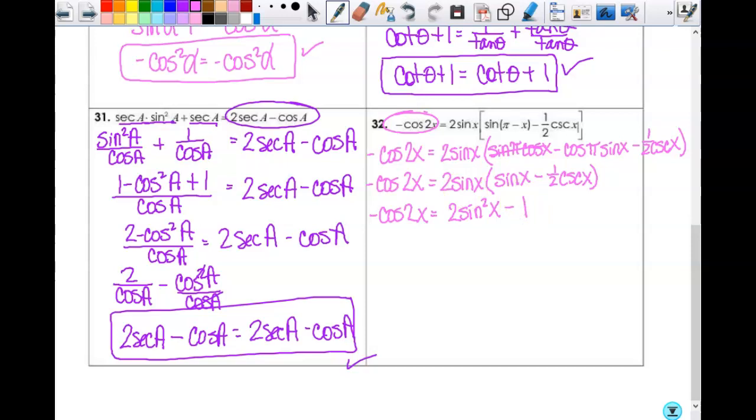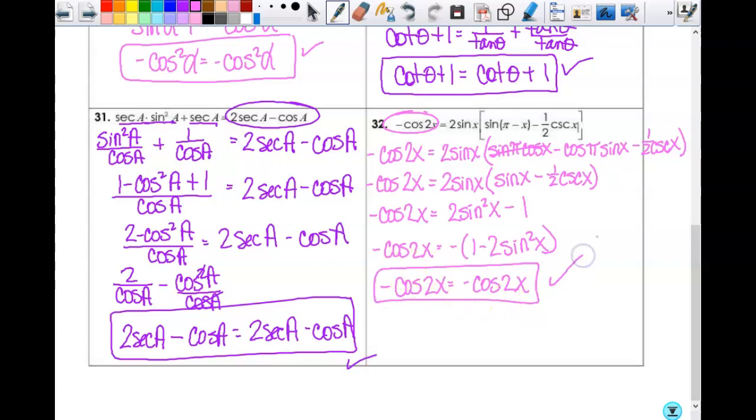And so 2 sine squared x minus 1, if you look on your cosine of 2x options, that's not exactly what it looks like, but if I want to flip them around, all I have to do is factor out a negative 1, so this becomes 1 minus 2 sine squared x. This does equal cosine 2x, so that's why we get negative cosine 2x equals negative cosine 2x. And we're done.